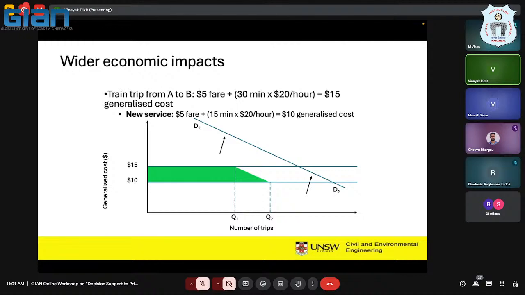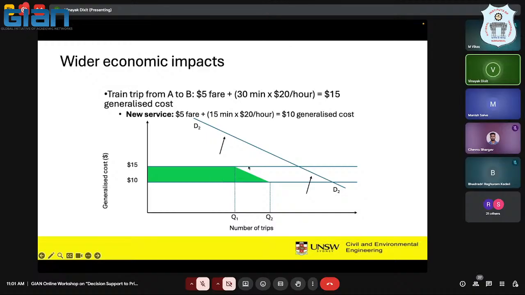But that's what I'm trying to say, is that it will still remain 15 minutes. But what is really happening is that the entire economy is improving. Now, because the entire economy is improving, the demand has increased. So think about it as induced demand.